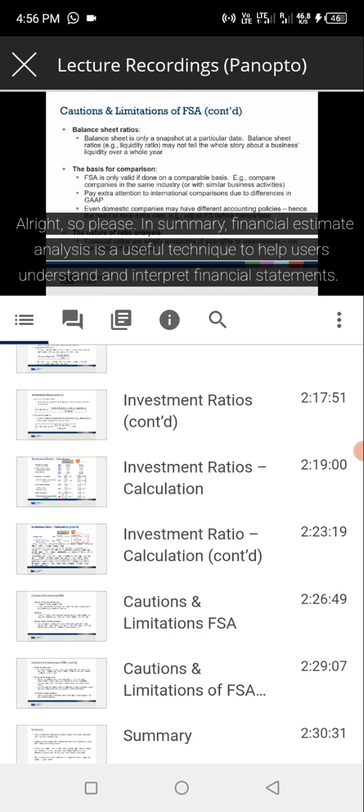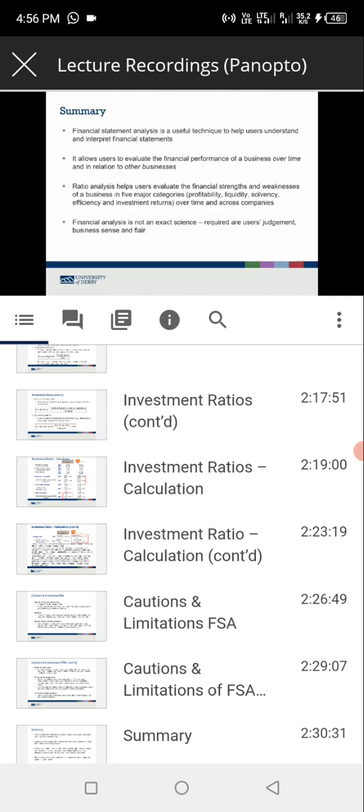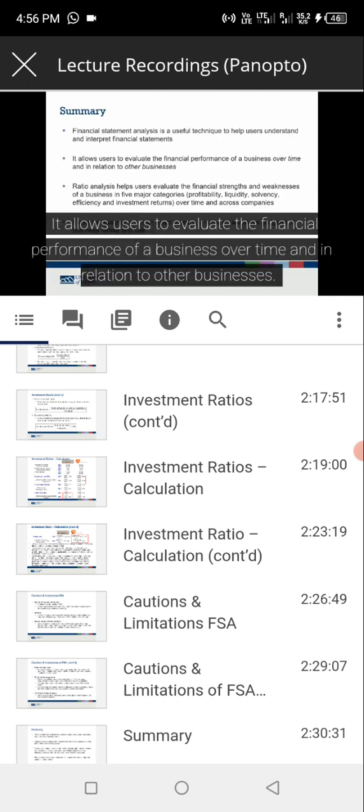All right? So please, in summary, financial statement analysis is a useful technique to help users understand and interpret financial statements. It allows users to evaluate the financial performance of a business over time and in relation to other businesses.